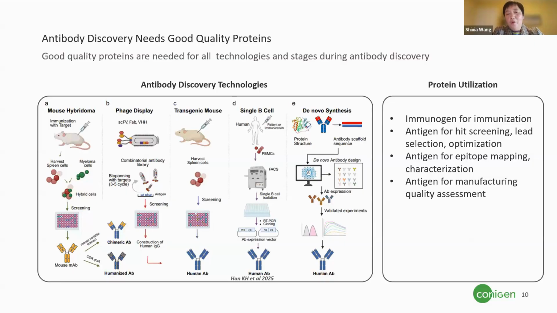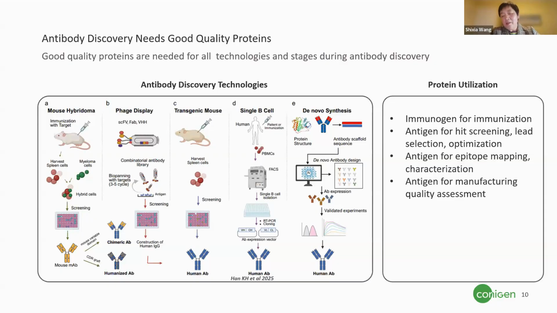And also the most recent development, AI-driven de novo antibody design. So for all these technologies, all need good quality proteins. Without good quality proteins, the antibody discovery will be hurdled.